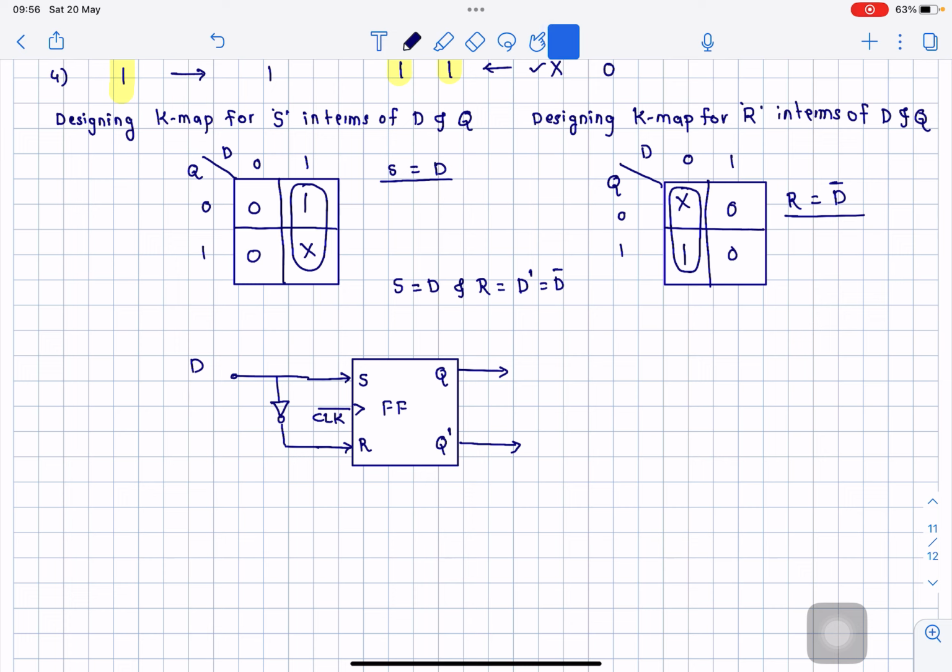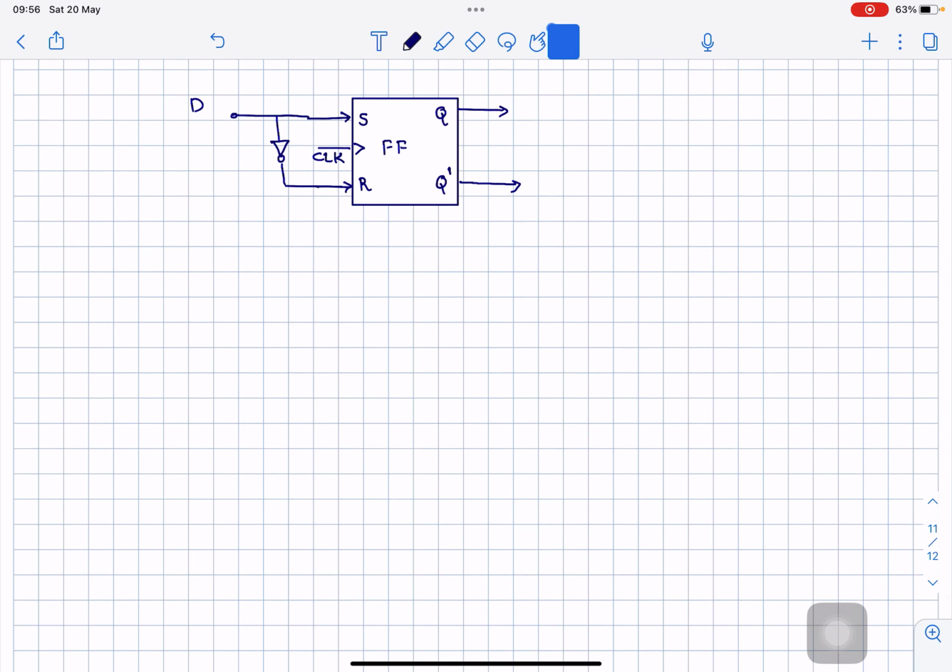Okay. So likewise, let us go ahead and convert one more flip-flop into a T flip-flop.